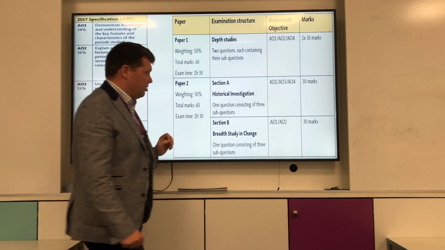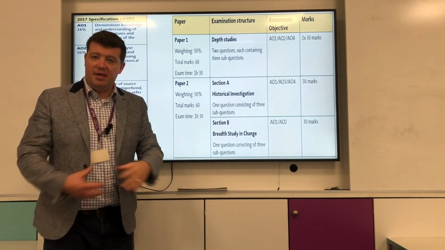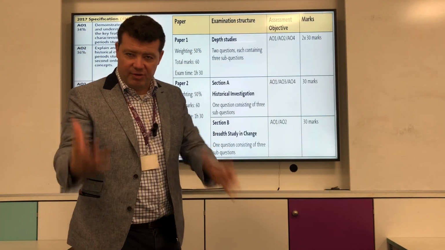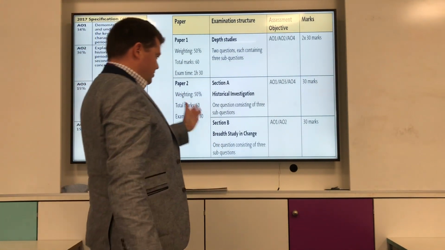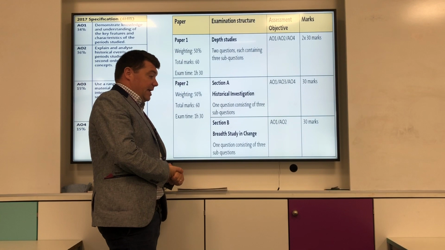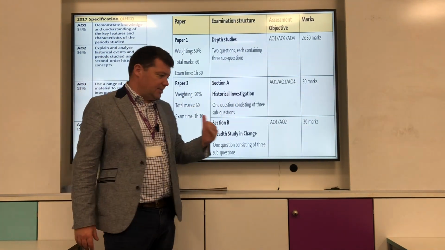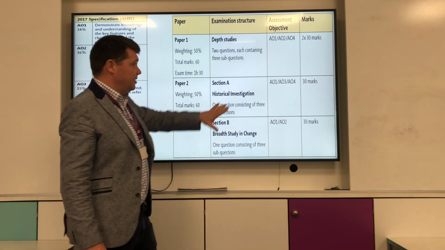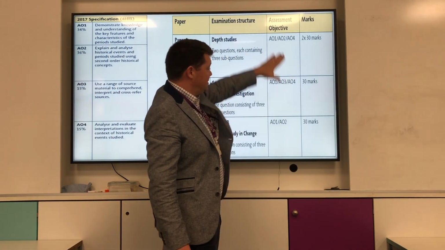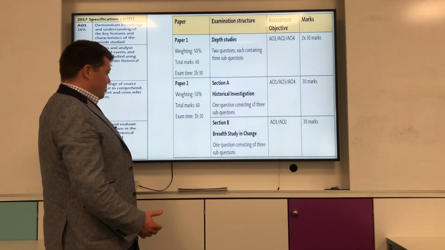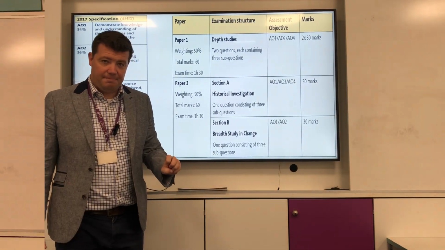Section A, the historical investigation, is the Tsar and the Russian Revolution aspect, and Section B, the breadth study over time, is China. Section A is slightly more source-based. Section B, that change over time. And indeed, I put here the various different parts of these AOs that are being assessed there.